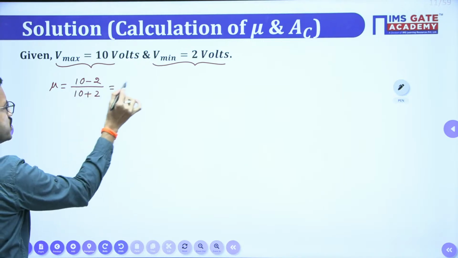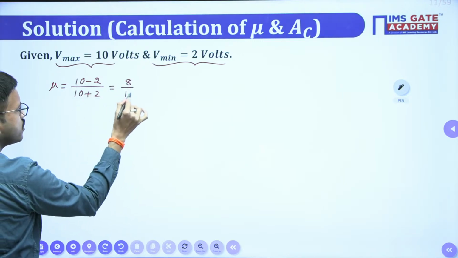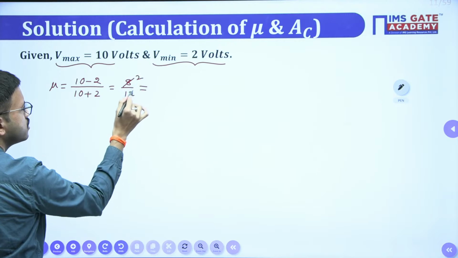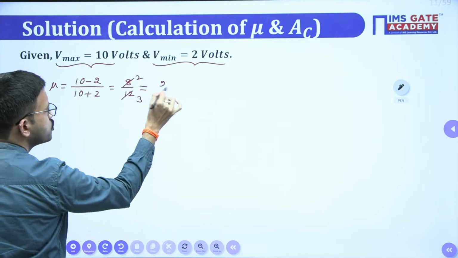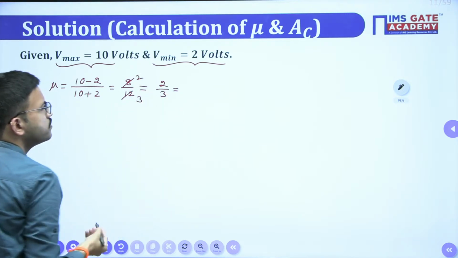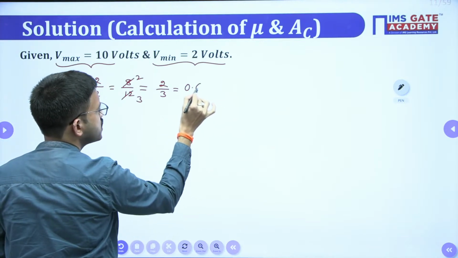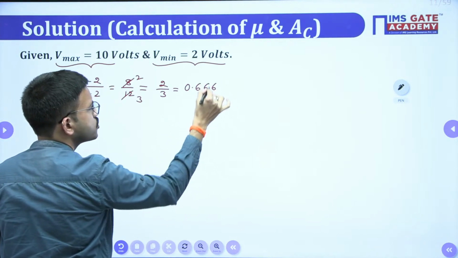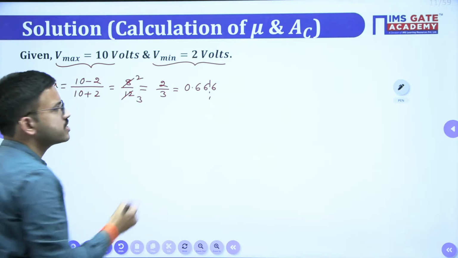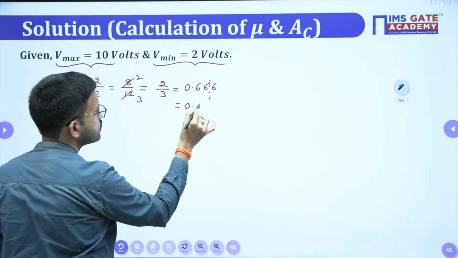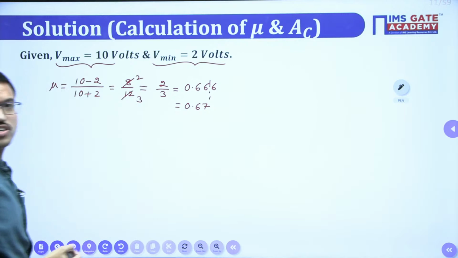So 10 minus 2 is 8, 10 plus 2 is 12. 4 2s are 8, 4 3s are 12. So 2 by 3, which is nothing but 0.666. If you approximate up to 2 decimal places, you will get 0.67. So the mu value is 0.67.